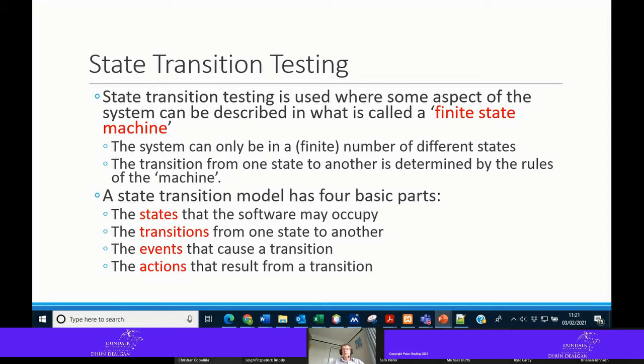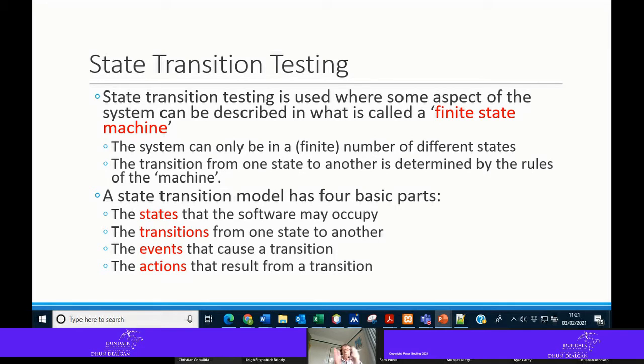Events that will cause a transition could be whether or not that user has already registered, in which case we transition from one state to a state where we're saying, sorry, these details are already used.